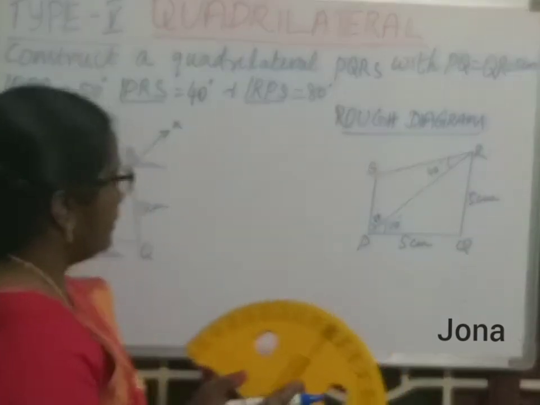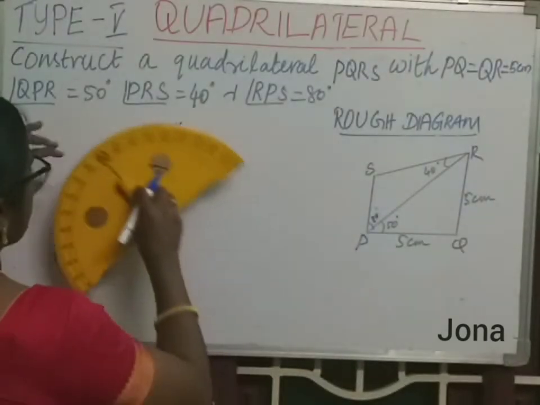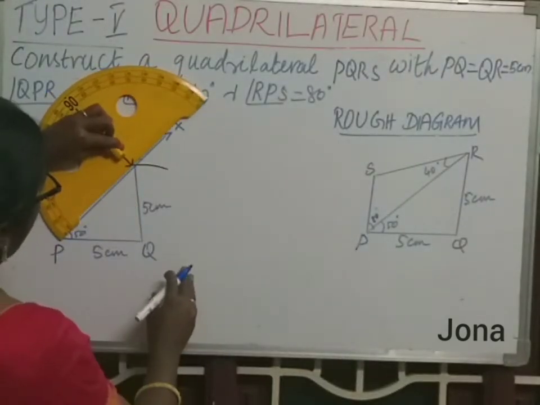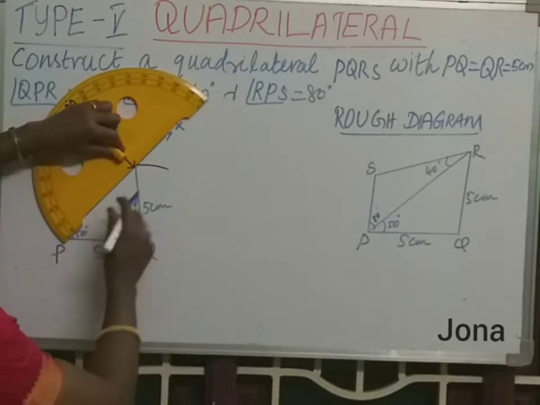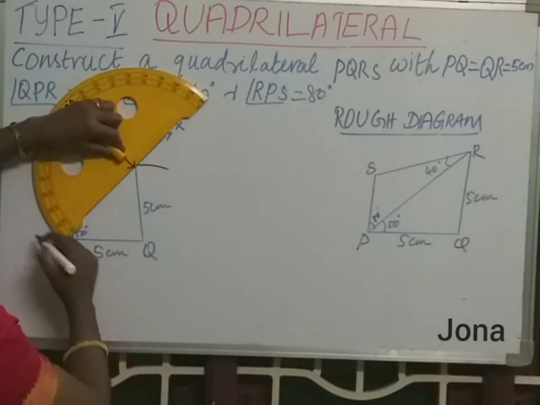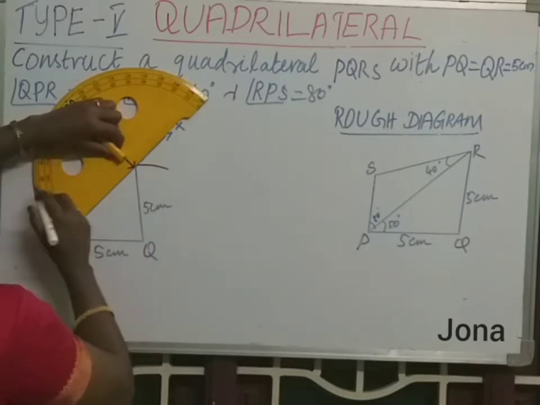Then I have PRS is 40 degree. So by the use of protractor we have to take 40 degree. Where do we have to keep it? At this line, at the point R we have to keep that. How much angle do we have to take? 40. So our line is here. So from here to here we have to count.